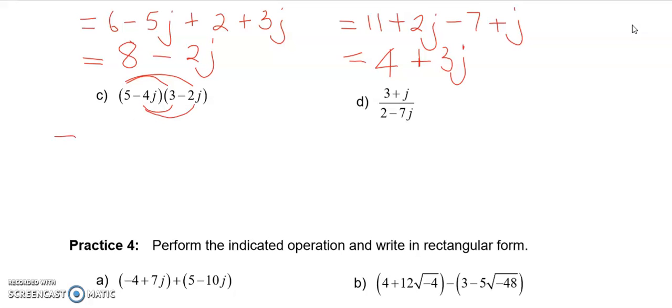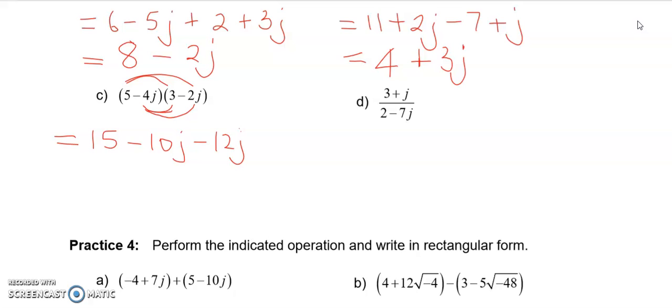So here's what you're going to get when you do those 4 multiplications. 5 times 3, 15. 5 times negative 2j is negative 10j. Negative 4j multiplied by 3 gives us negative 12j. Notice that those two terms you're going to be able to combine because they're like terms. That will just become minus 22j.